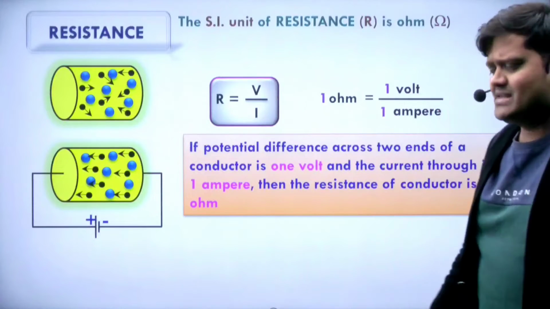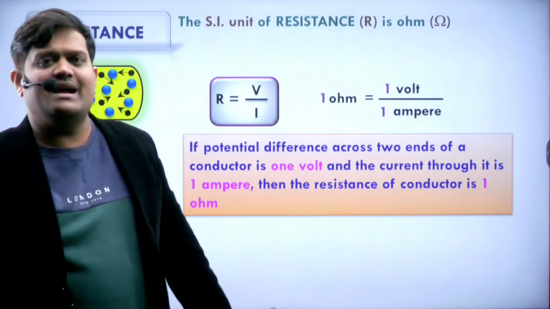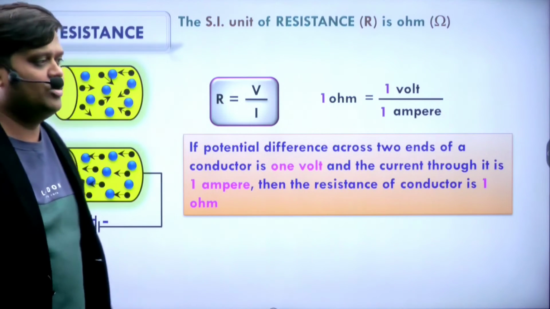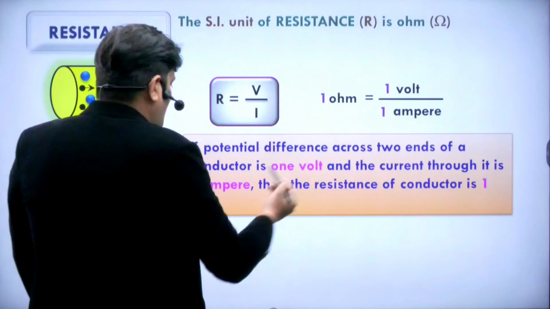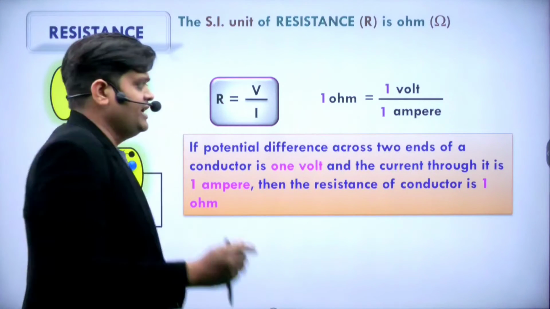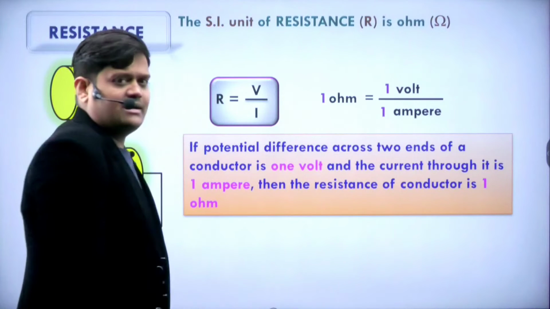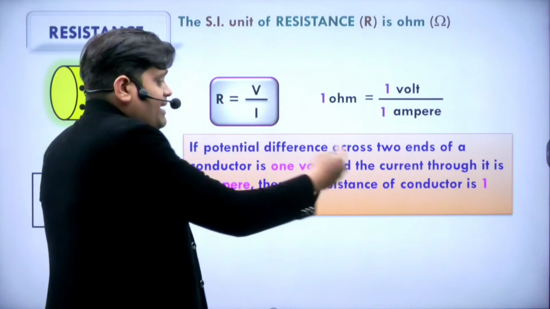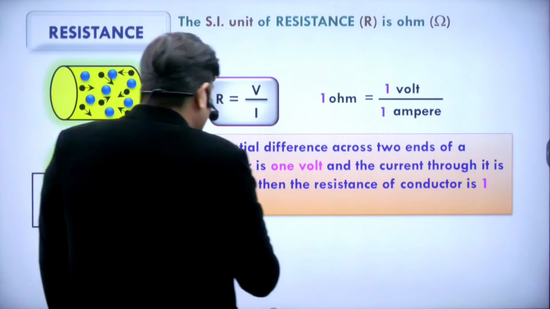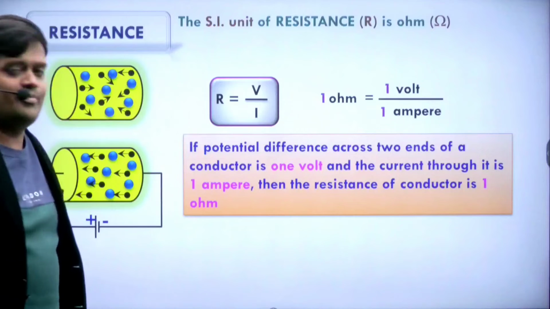When we say that resistance is 1 ohm, it means that if the potential difference across the two ends of the conductor is 1 volt, and the current flowing through it is 1 ampere, then the resistance of the conductor is 1 ohm.